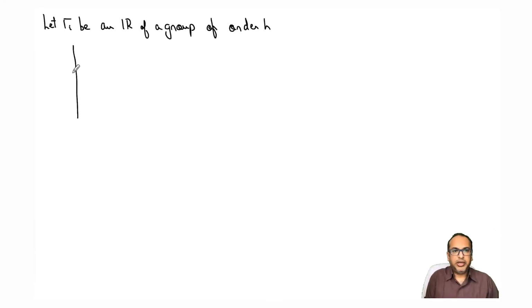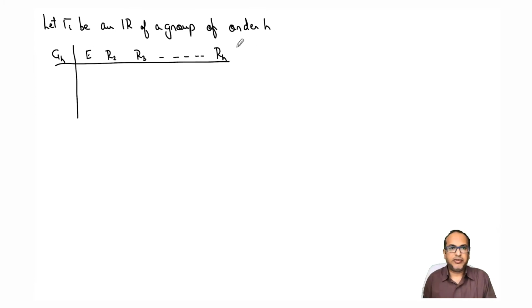If we have a group of order h, let's call it G, then I can say that its elements are E, R2, R3, and up to Rh, right? I'm not classifying these into different classes. I'm just writing R1, R2, R3, R4, up to Rh, and R1 I'm simply writing as E.